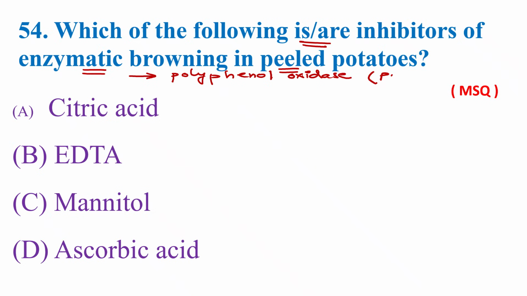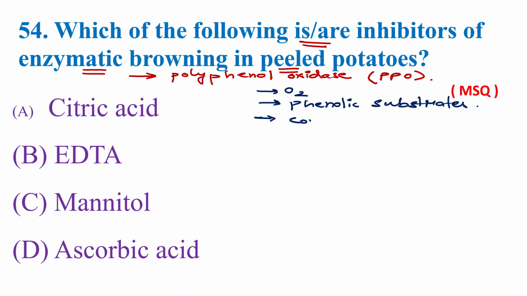Now this polyphenol oxidase enzyme requires oxygen, it requires phenolic substrates, and it even requires copper as a cofactor.